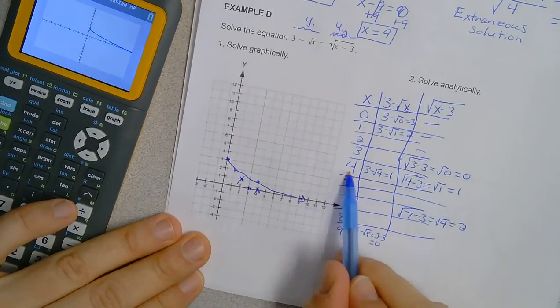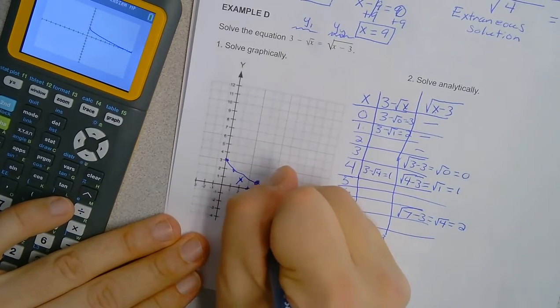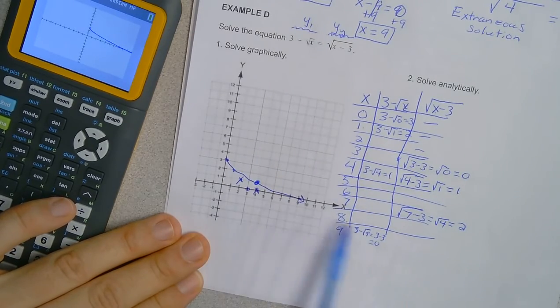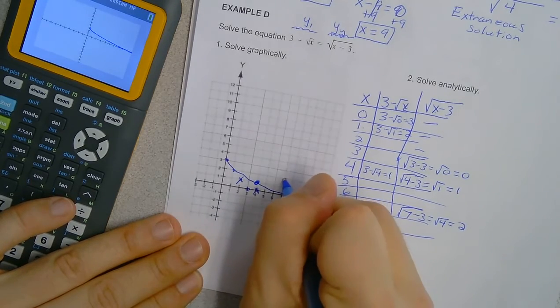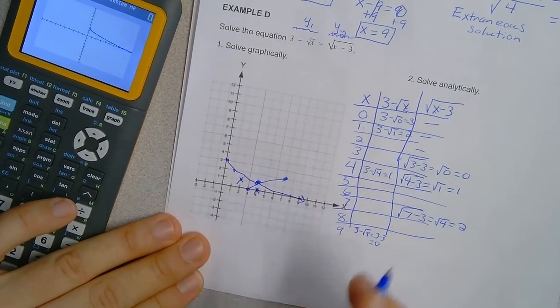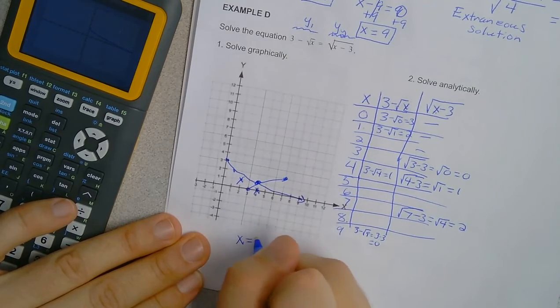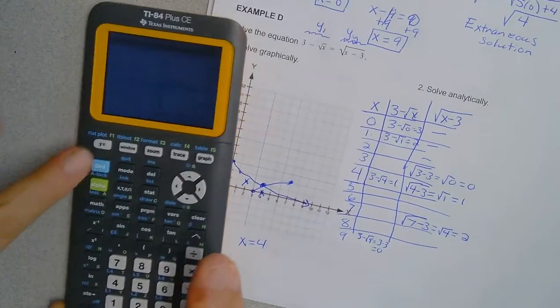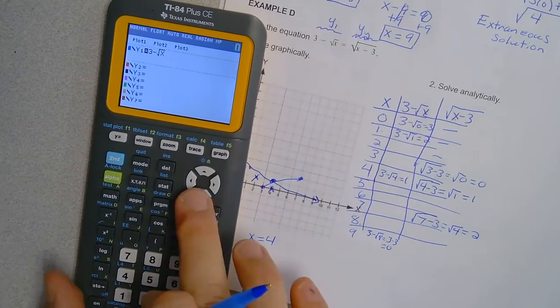At x equals 4, we're at 1. And at x equals 7, we're at 2. So our graph is going to go kind of like this, and it looks like we have a solution at x equals 4.